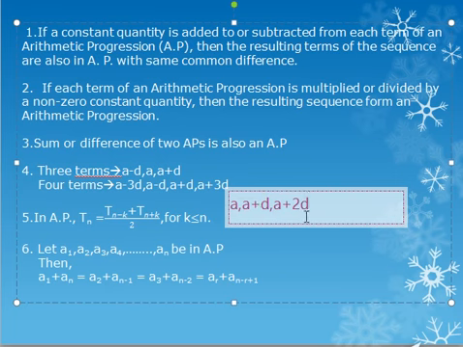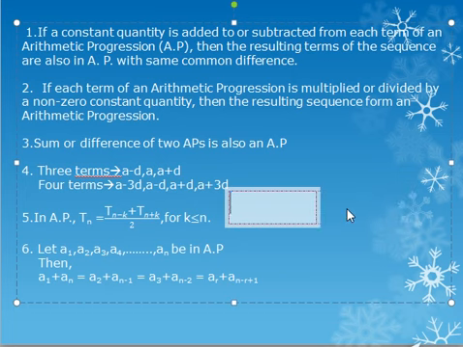Mostly we'll get 2 equations, the sum and the product, so multiplying these binomials and monomials will be tough. Rather than this, you can just take a minus d, a, and a plus d. Now this is easier to calculate.